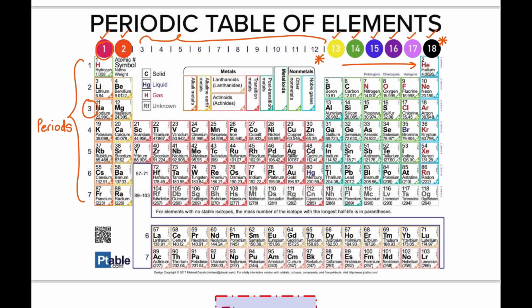Dividing these two are called metalloids, which have both the characteristics of metals and non-metals, for example boron, silicon, arsenic, tellurium, antimony, and astatine. Remember, this is important in deciding whether these elements exist as atoms or molecules.